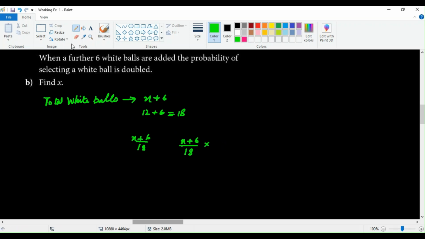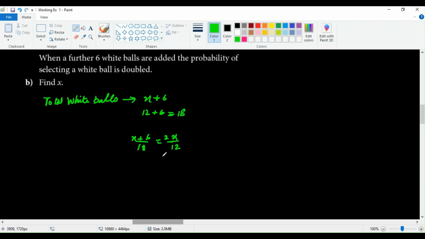If I rewrite this, it is X plus 6 over 18, and earlier it was X over 12. And when it is doubled, that means it's going to be 2 times.